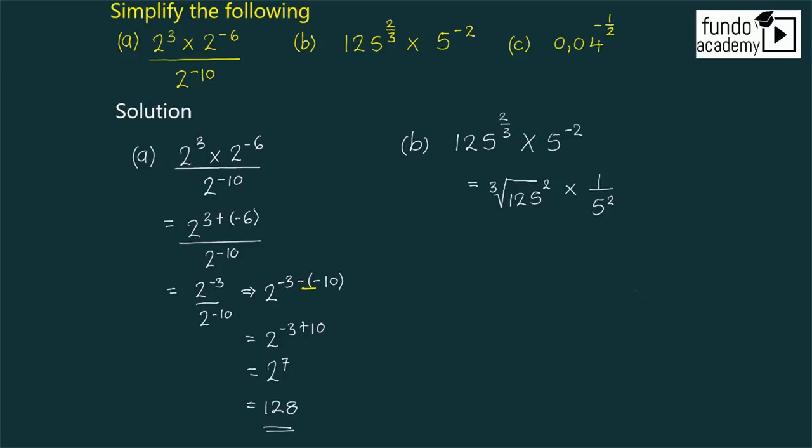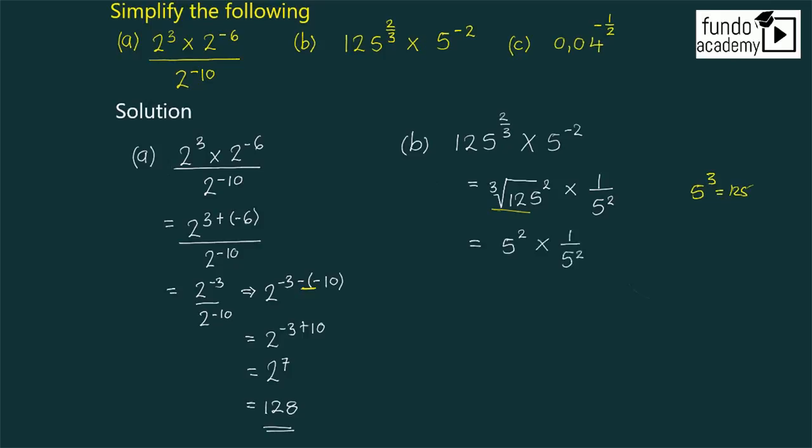The third root of 125 is 5, because we know that 5 cubed is actually equal to 125, right? So the third root of 125 is 5, so that would be 5 squared multiplied by 1 over 5 squared.